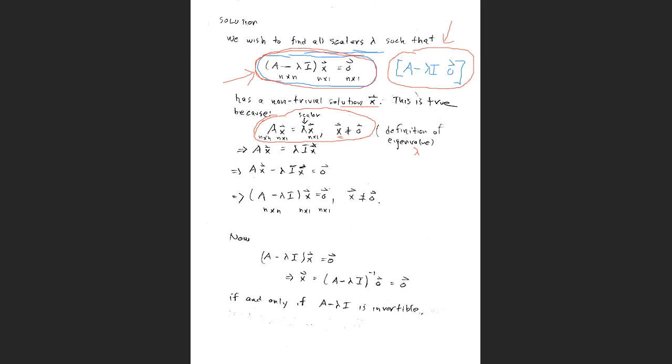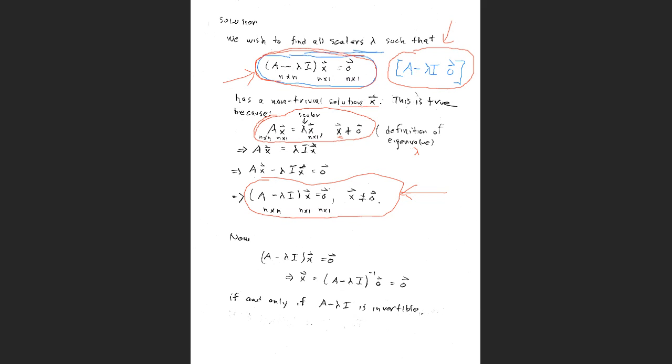So that boils down to solving this vector equation here. But we have to get the determinant involved, right? That characteristic equation is the determinant of A minus lambda I equals 0. That's how we're going to find the eigenvalues.